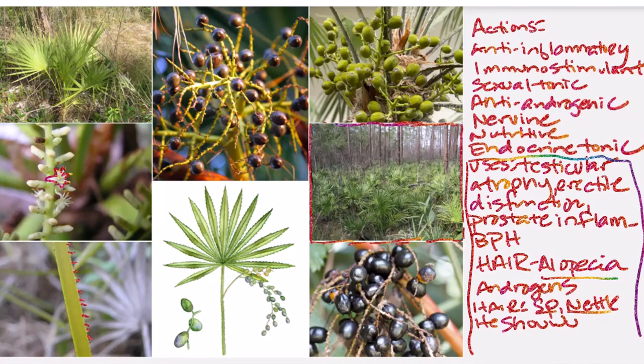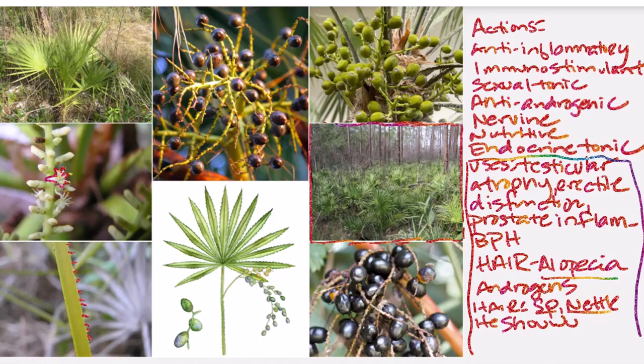Researchers believe that DHT is the compound responsible for the multiplication of prostate cells that results in prostate enlargement. So saw palmetto appears to inhibit DHT by blocking the activity of the enzyme 5-alpha reductase. The herb not only inhibits the formation of DHT, but also inhibits DHT binding at cellular receptor binding sites.